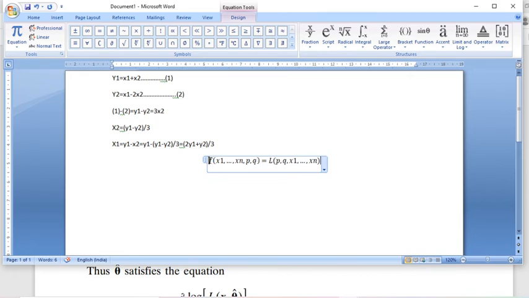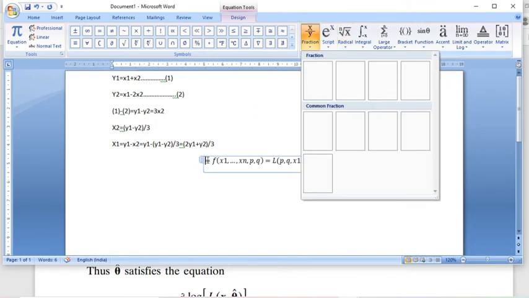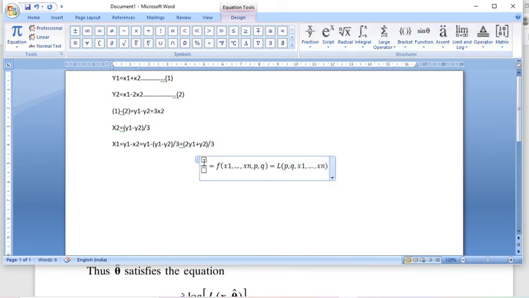In the case of normal distribution, what is the joint density function? Suppose we are considering the multivariate normal distribution. So what will be the joint density?